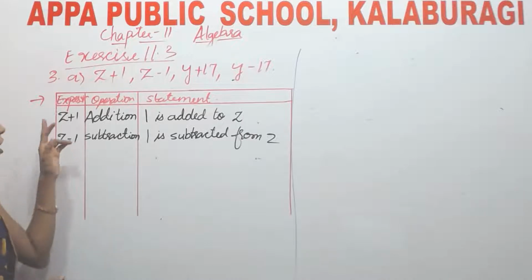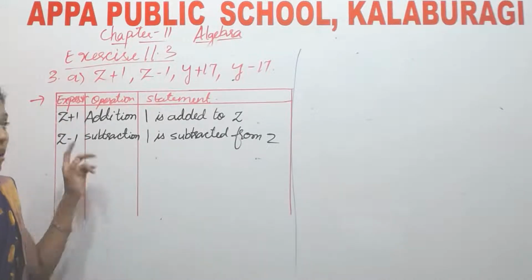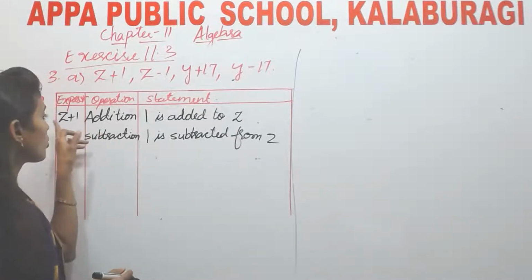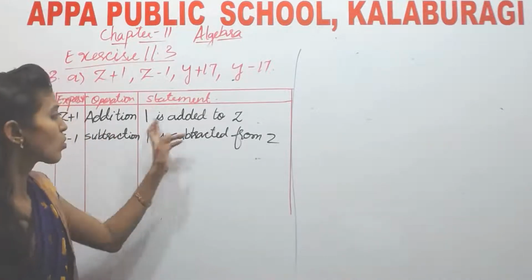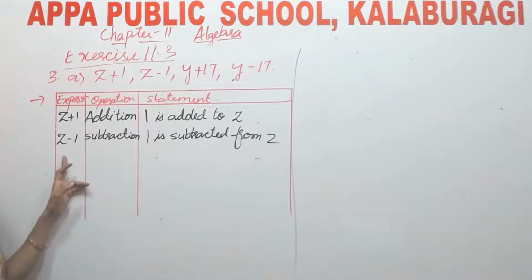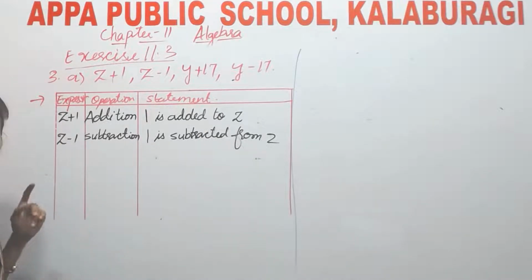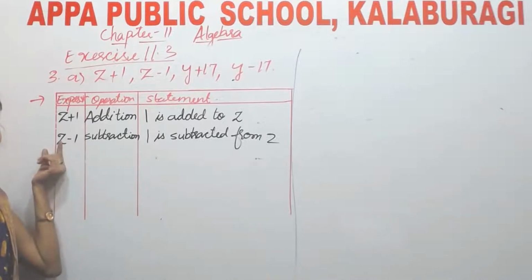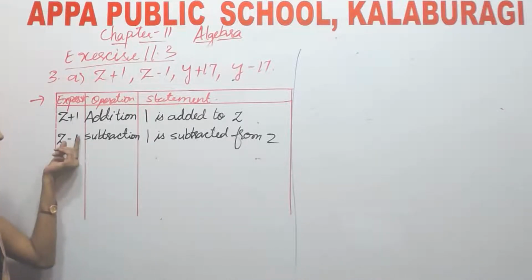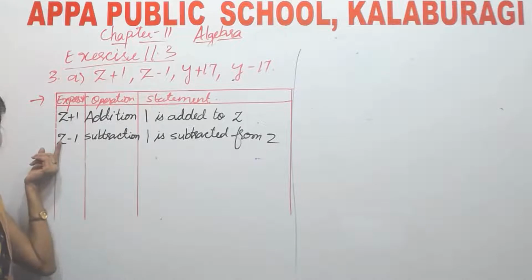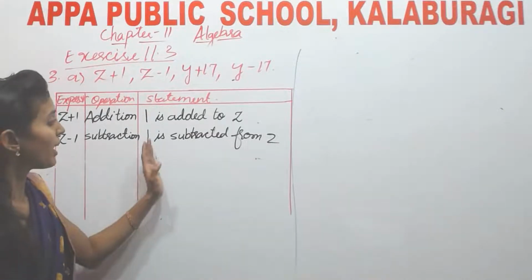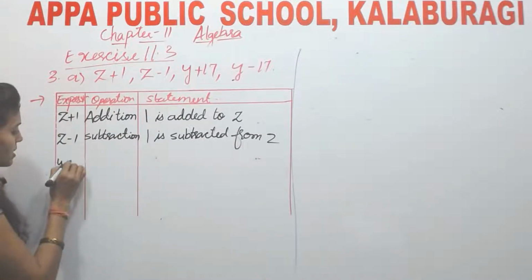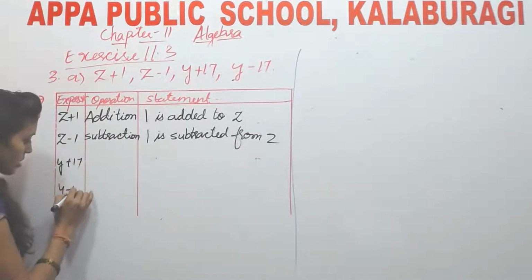If you give 5, 5 plus 1 gives 6, so you added 1 to 5. And 5 minus 1 is 4, so you subtracted 1 from 5. Therefore it is 1 subtracted from Z. Same with Y plus 17, Y minus 17.